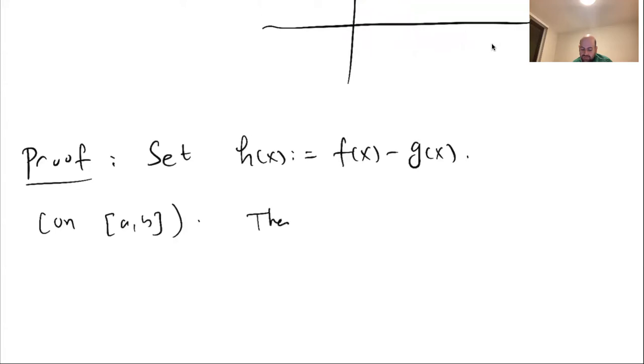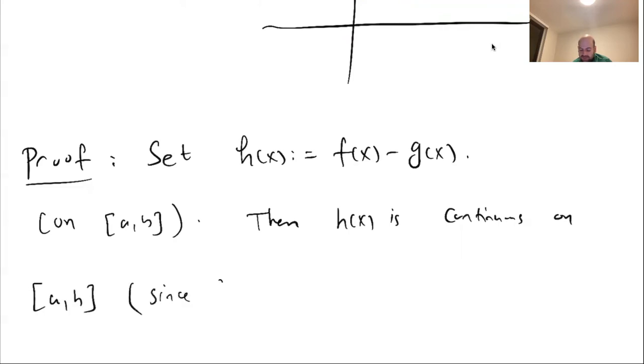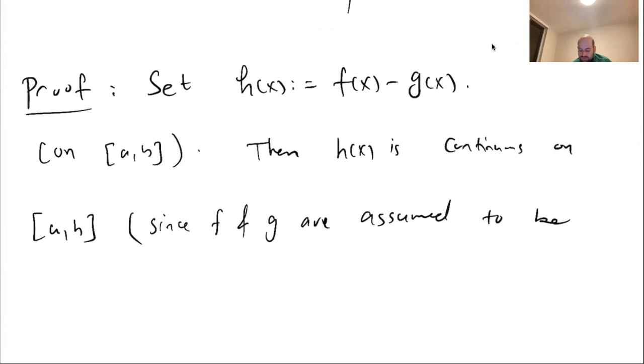Then h of x is continuous on the closed interval a and b, since f and g are assumed to be continuous.